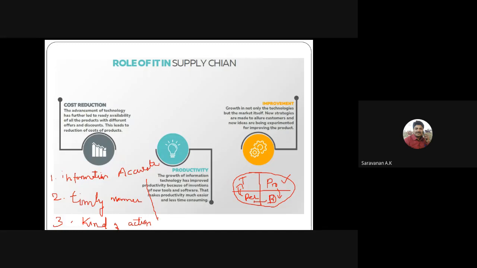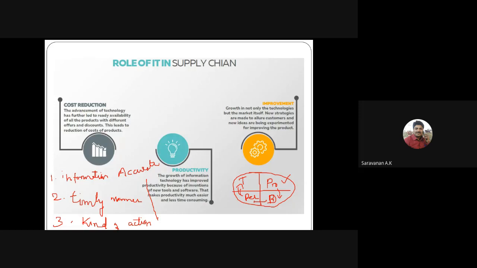So the information must be accurate in the supply chain. That is our first characteristic in decision making. First we have to ensure whether the information passing is correct or not, so that we have to analyze, by the forecasting method or the customer demand method.